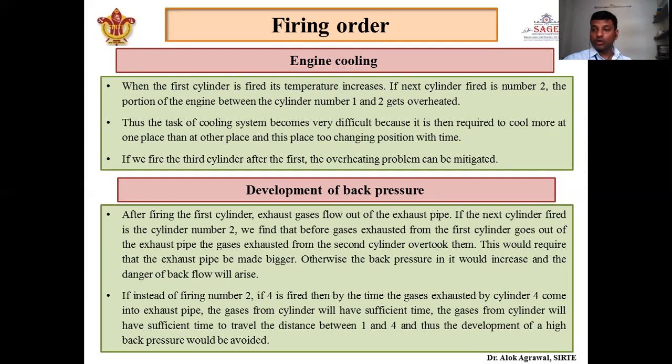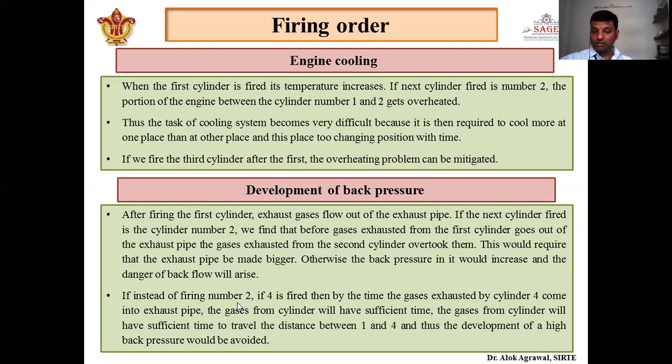So to solve this problem, either we have to increase the size of the exhaust pipe, or we can do one thing: instead of firing cylinder 2, we can fire cylinder 4, so that by the time the exhaust gas of cylinder 1 comes out of the exhaust pipe, 4 will come, and from the other side the second cylinder's exhaust gas will come.